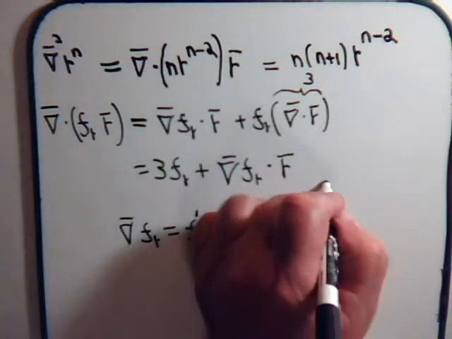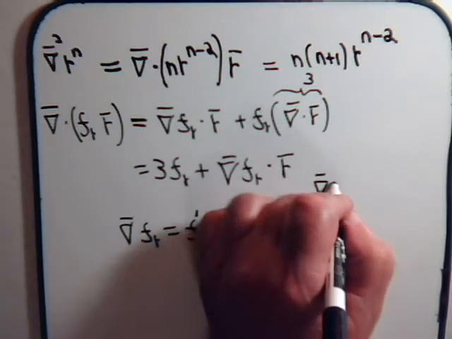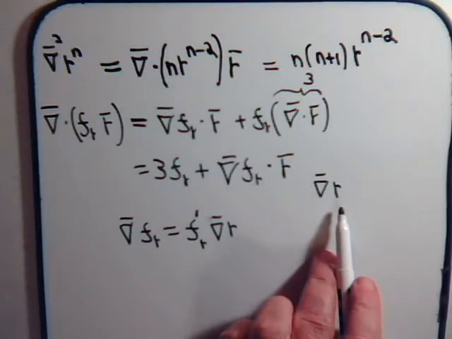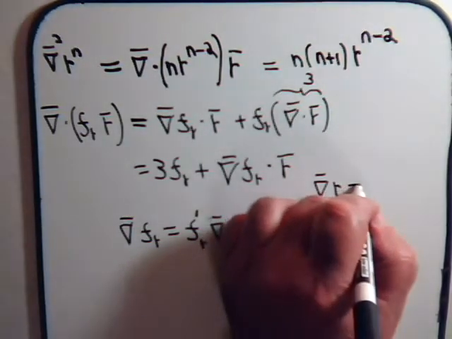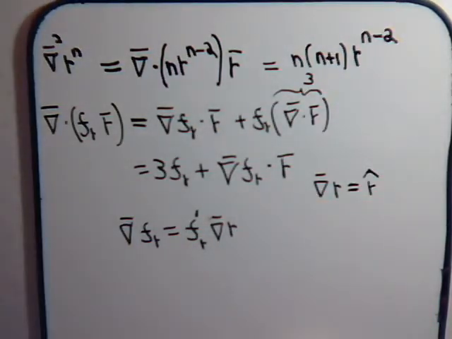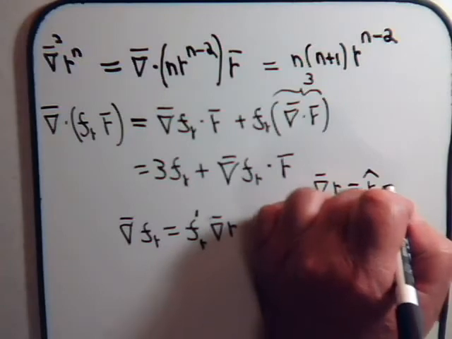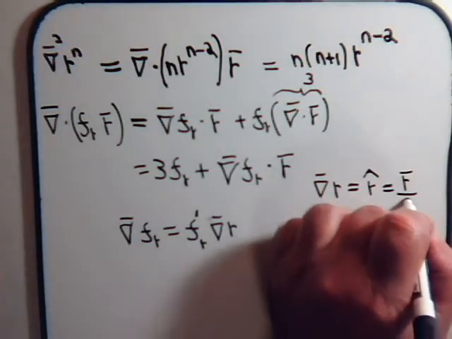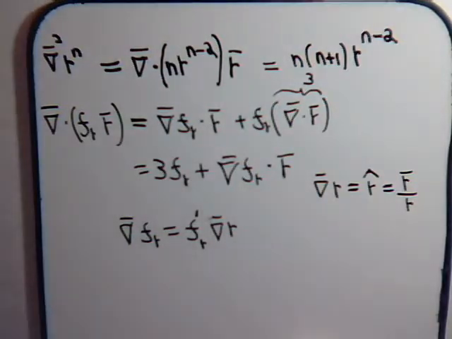And for the position vector, the gradient of r, which is the magnitude of the position vector, is equal to the unit position vector. Of course, we can write it like this: position vector divided by its magnitude.